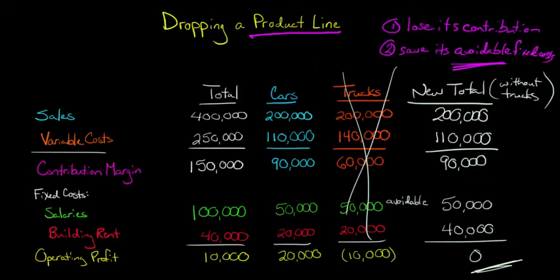In a way, it's just this accounting thing that shielded us from seeing that, hey, we were getting some benefit out of having the truck division. And so by getting rid of the truck division, we lost $10,000. So that's why you need to be very, very careful when it comes to allocating fixed costs, because they can give you a distorted picture of what might happen if you were to get rid of a particular division.